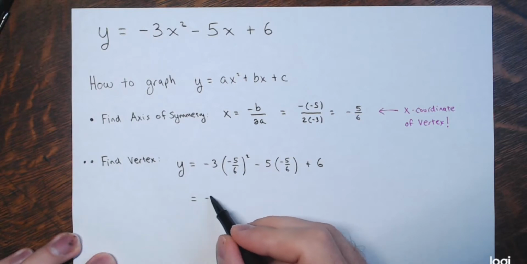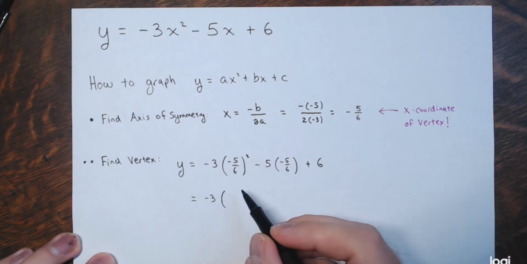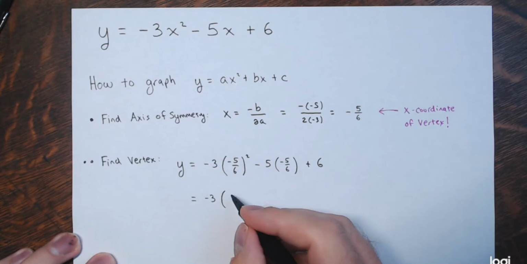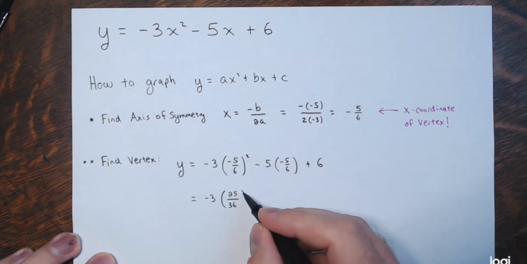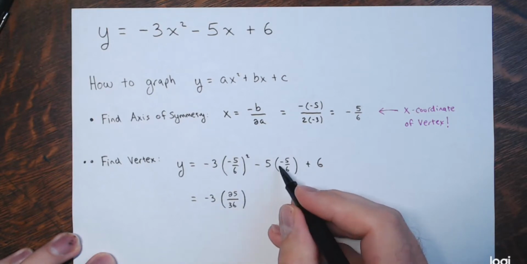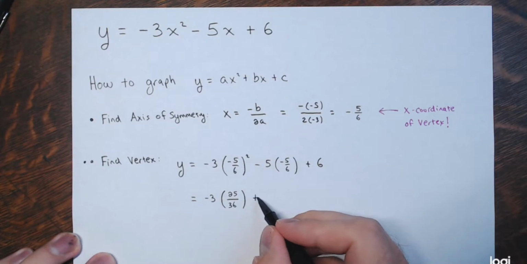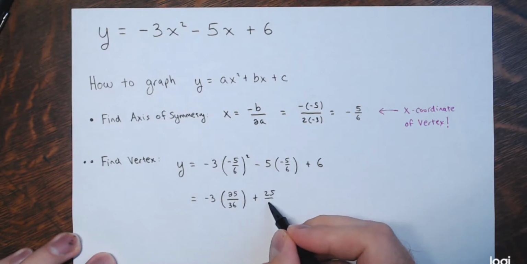This would be negative 3 times negative 5 sixths squared, which is 25 thirty-sixths. Then negative 5 times negative 5 sixths is positive 25 sixths.